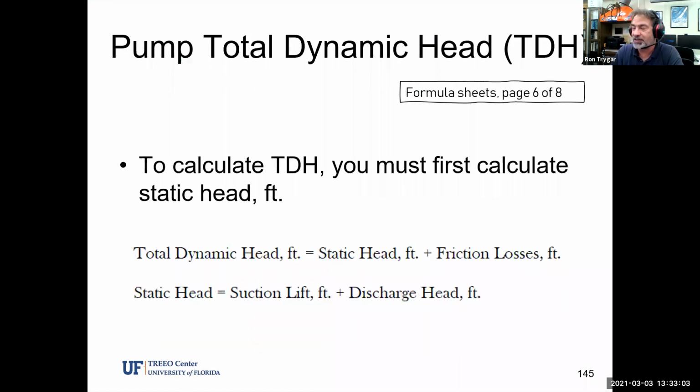So the first thing is to calculate the total dynamic head, or TDH, of a pump system. So to calculate the TDH, you must first calculate something known as the static head in feet. So if you look at the formula for total dynamic head in feet, it's the static head in feet.